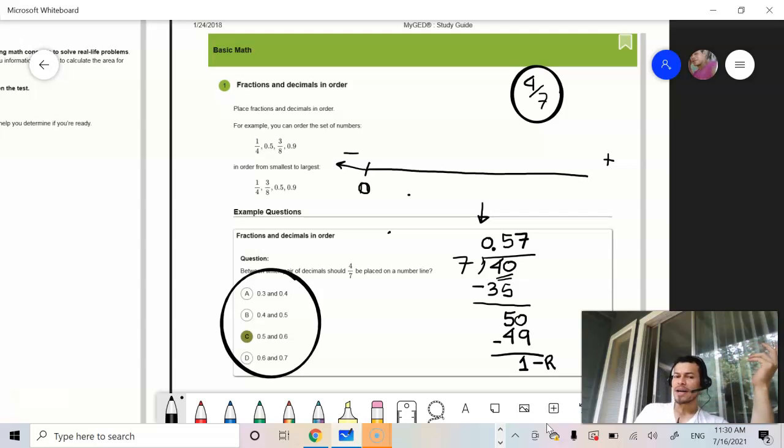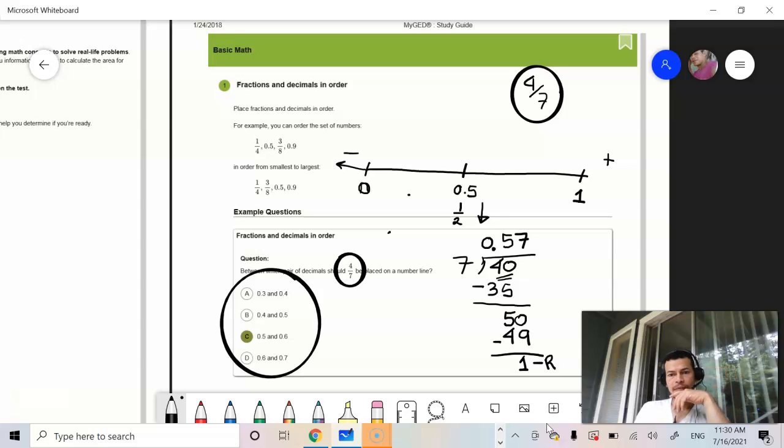I don't care about the remainder because I care just about the decimals to place my fraction in the number line. So I know that in the middle of the line I'm going to have 0.5 here, and that's 1/2, okay? That's a fraction. But my fraction is equal to 0.57. You can see it here, 0.57.